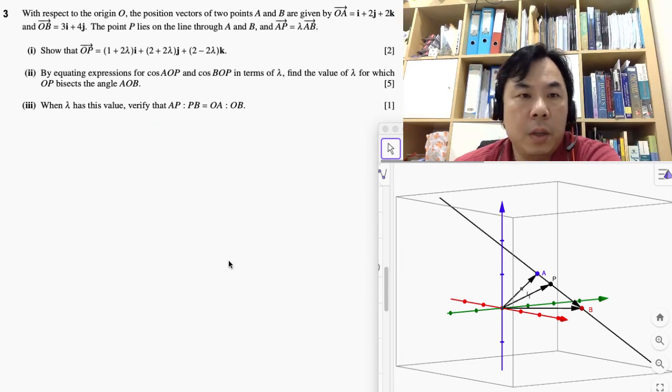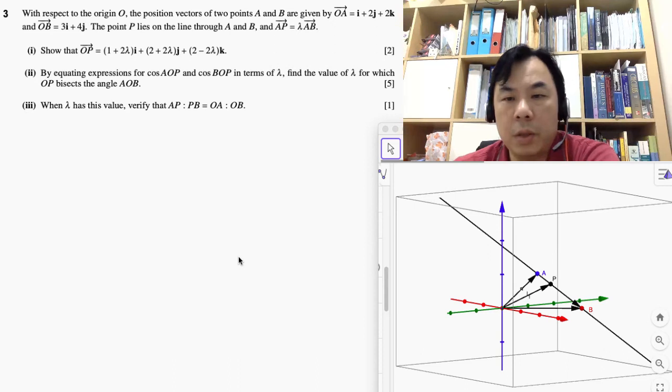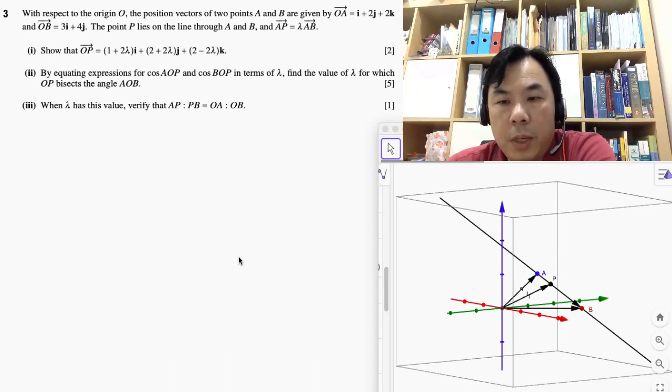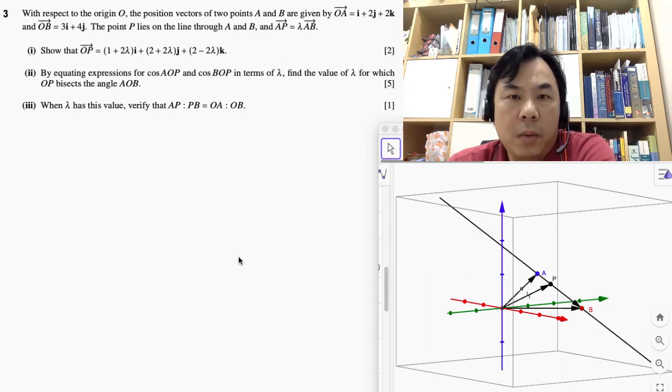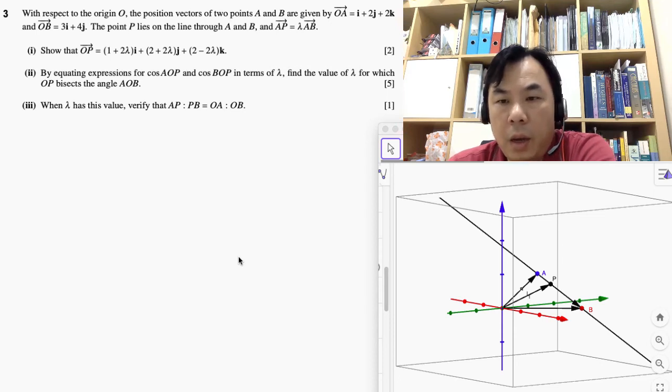All right. Second question. By equating the expressions for cos AOP and cos BOP in terms of lambda, find the value of lambda for which OP bisects the angle AOB.